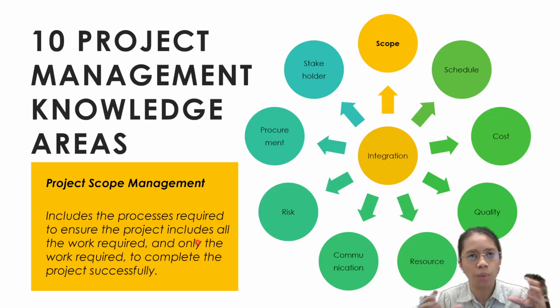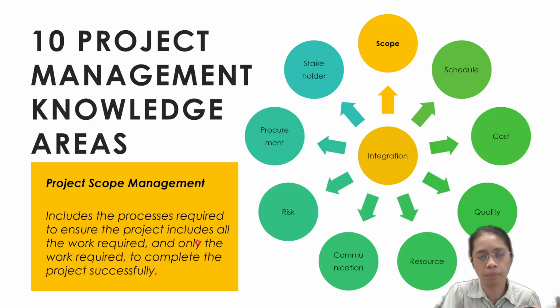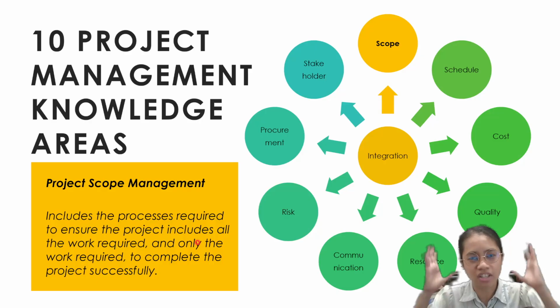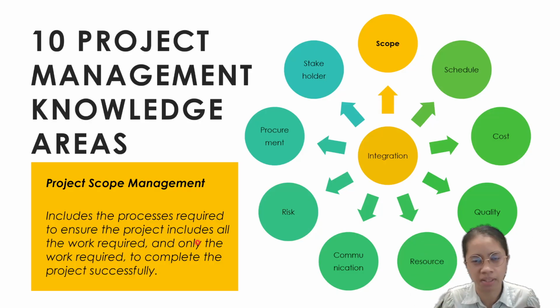Because if you extend the scope, or if you don't include some scope, you will have a problem with the client. For example, the client wants a 50-story high-rise building with a main door and good quality windows. But in your scope as a construction management specialist, you didn't include the windows.